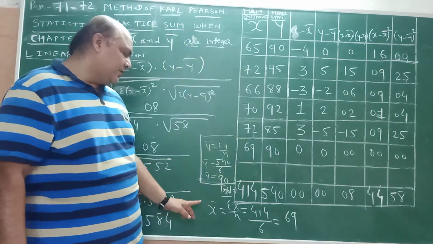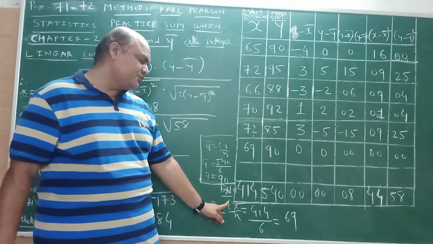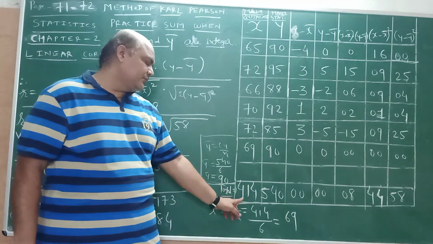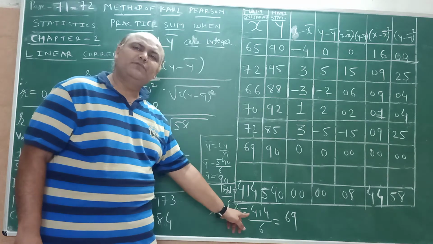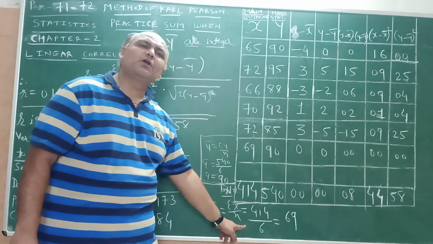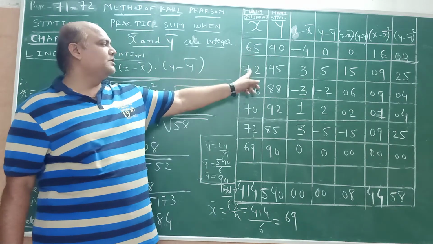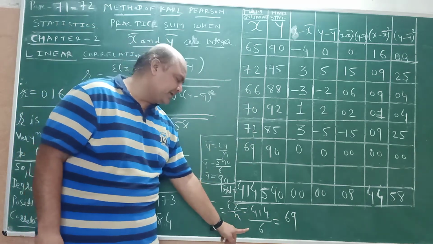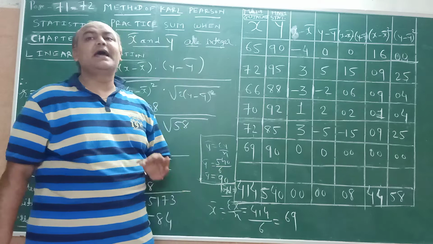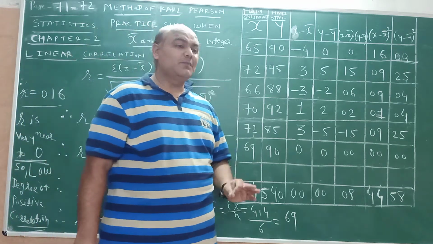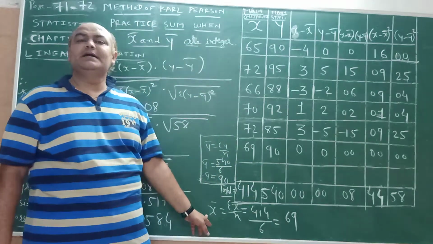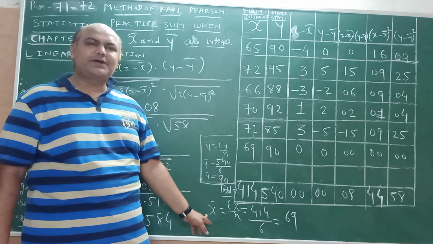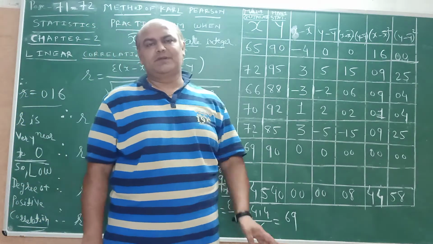Here sigma x is 414 divided by number of observations, that is 6. So 414 divided by 6 is 69. So the value of x bar is an integer, not in fraction, not in point.